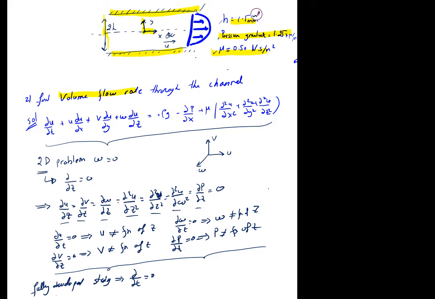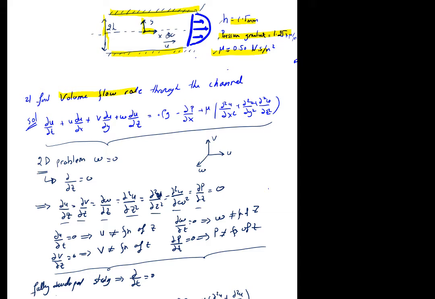The momentum equation is given as: du by dt plus u du by dx plus v du by dy equals rho g minus dp by dx plus mu times d squared u by dx squared plus d squared u by dy squared.